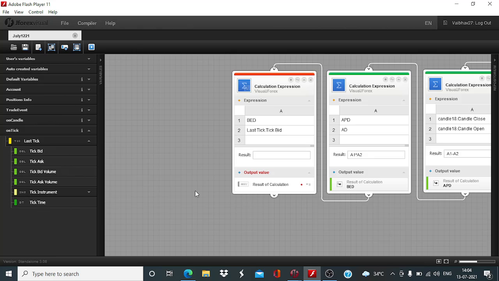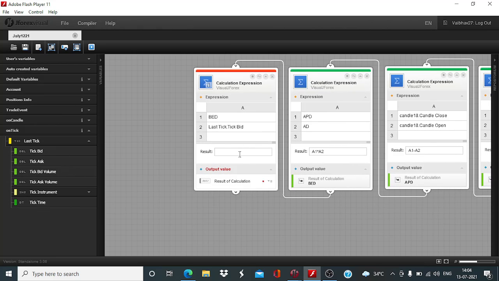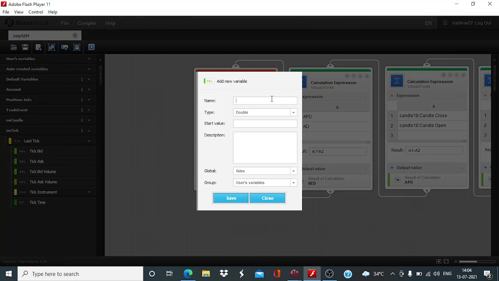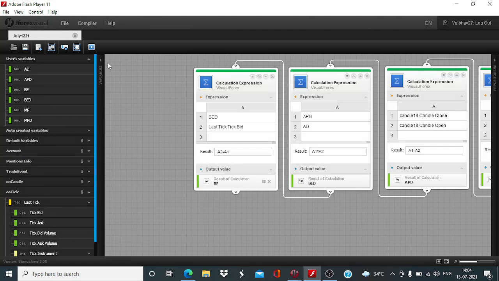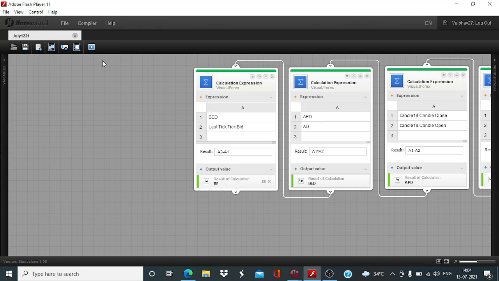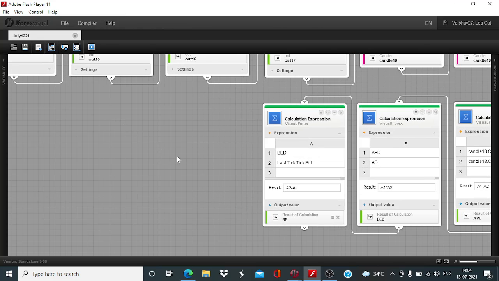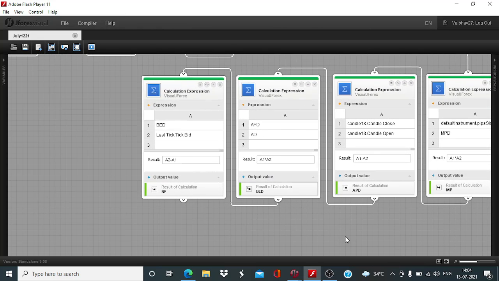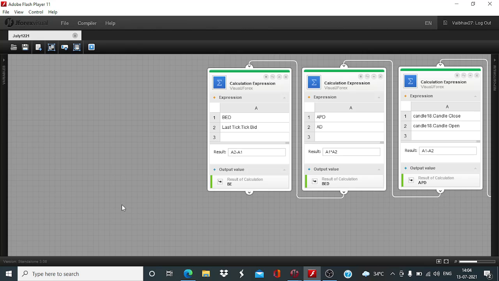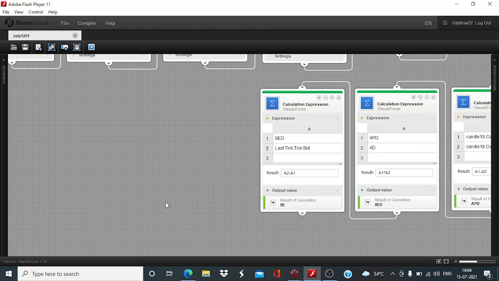Last tick bid, and it is going to be A2 minus A1. Okay, so our buy entry point has been defined.